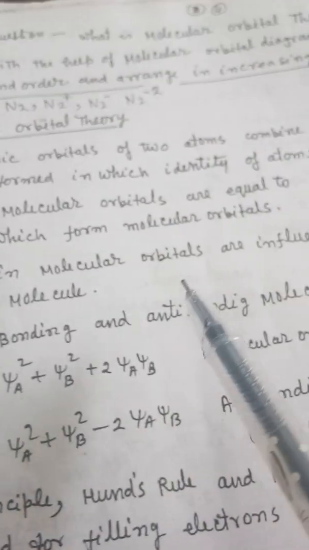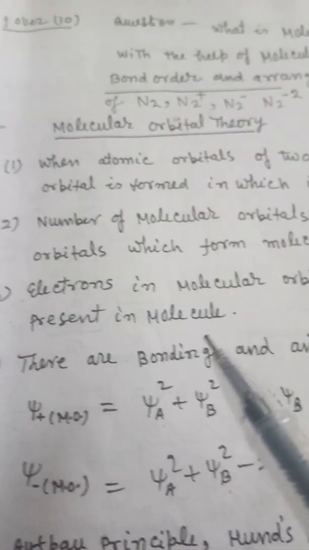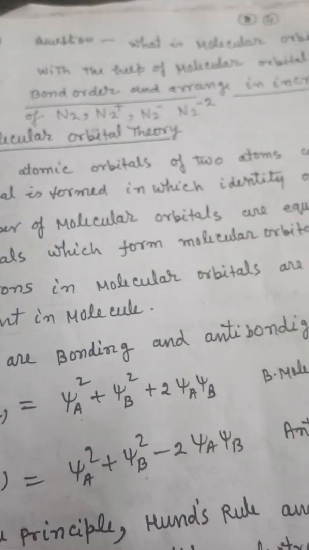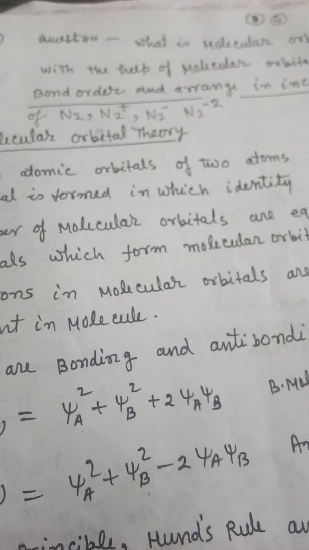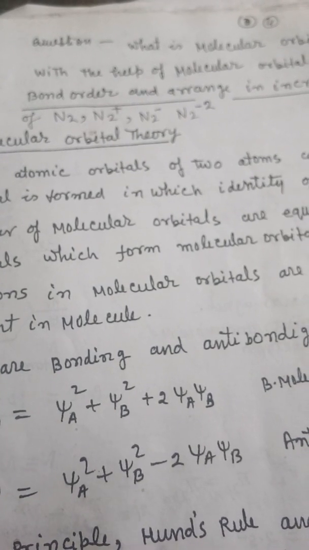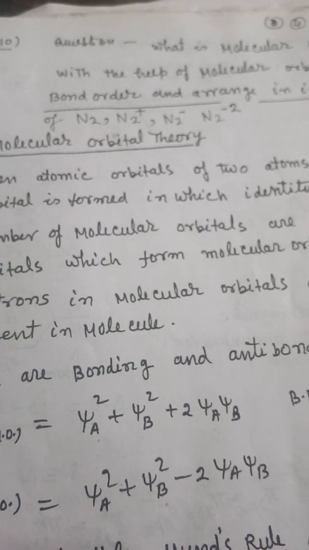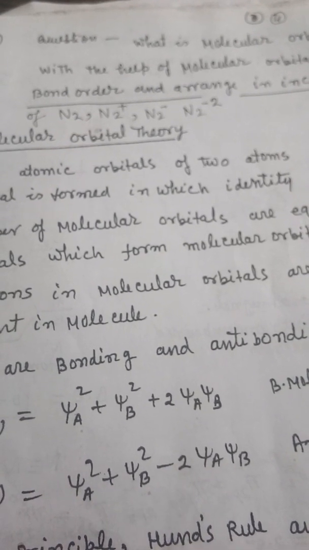Electrons in the molecular orbitals are influenced by all the nuclei present in the molecule. Suppose there are two atoms A and B. What will happen? Electrons of A's atomic orbital and B's atomic orbital will both be attracted by both nuclei.